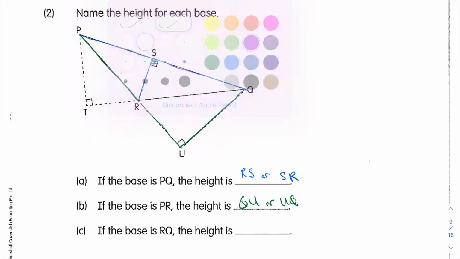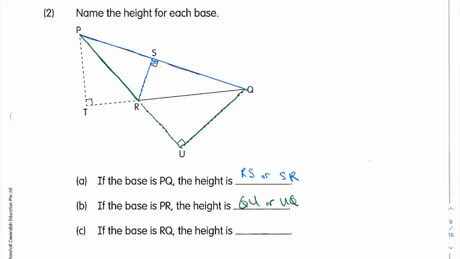Next, if the base is RQ, so RQ is this purple line here, the height would be, we have to extend all the way out to reach a perpendicular line, so we get PT. Okay, so we can write PT, PT or TP, toilet paper as well.